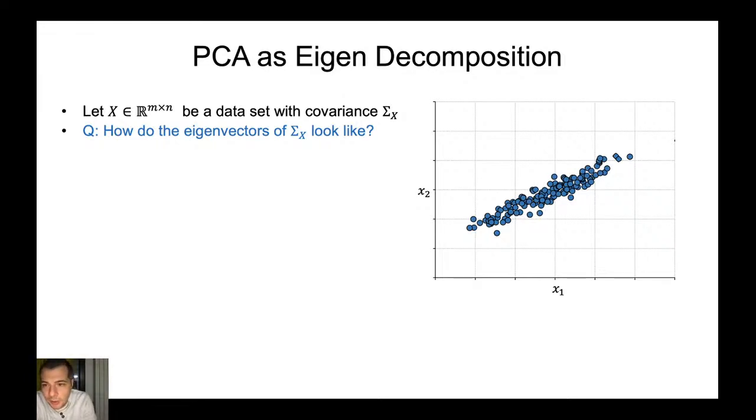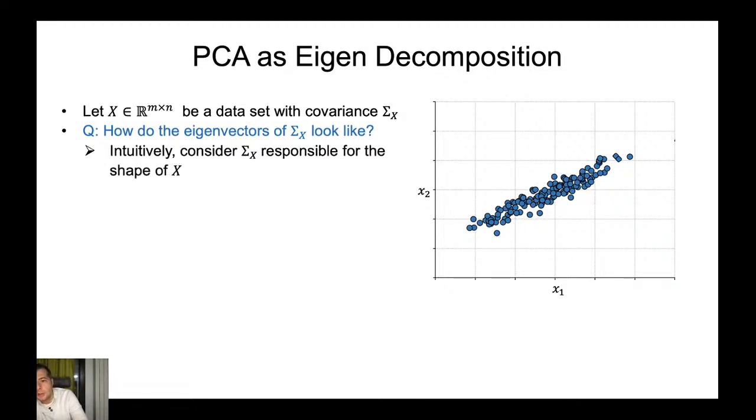We have the data set X and the covariance matrix denoted by sigma of X. So how do the eigenvectors for this matrix look? Do you have any intuition? I can provide some hints.